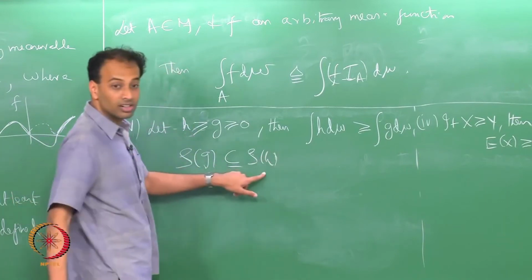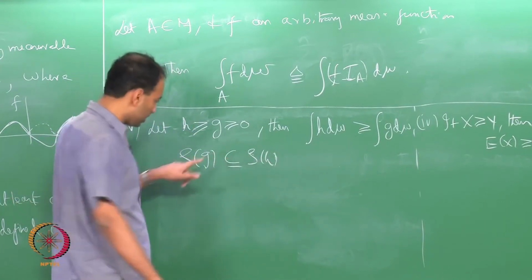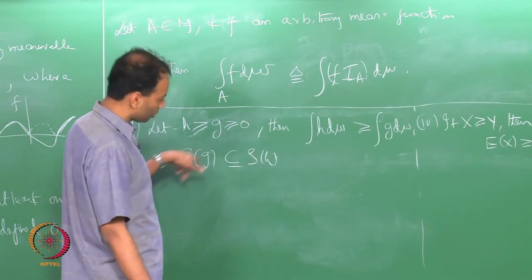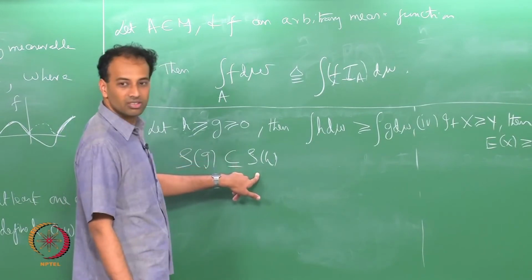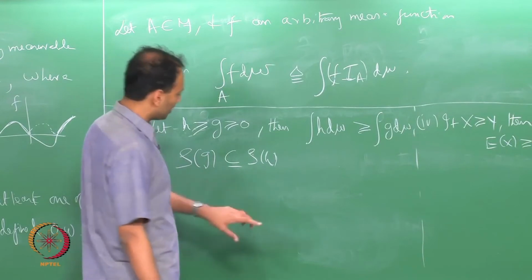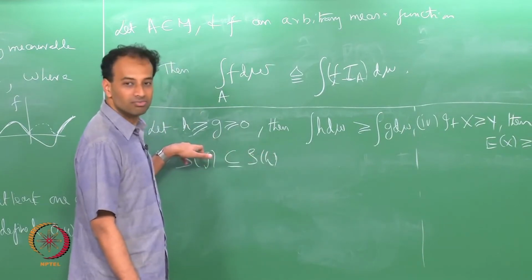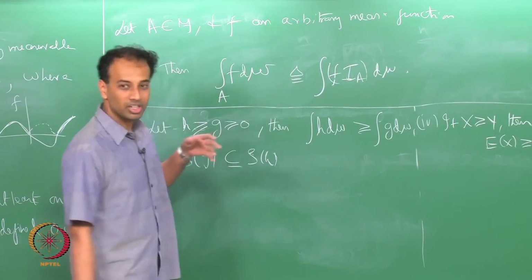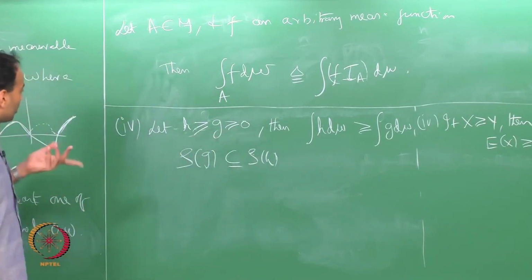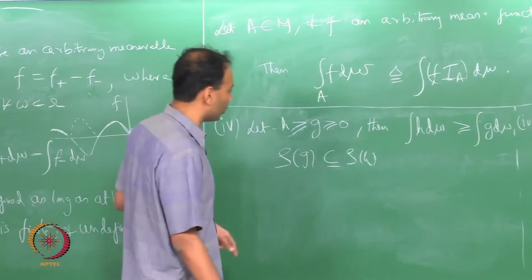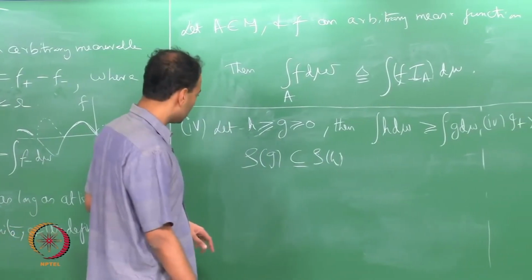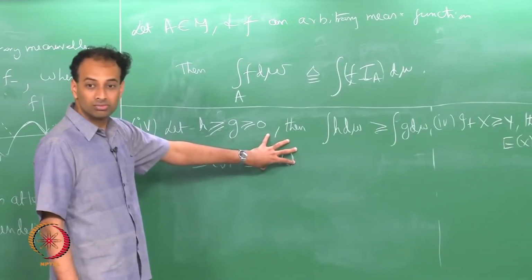Is this clear? Every simple function which is less than or equal to G is also necessarily less than or equal to H, correct, but there may be simple functions here which are not here, because H may be bigger. Now you can easily prove what you want to prove, because you are supremizing over a bigger set.